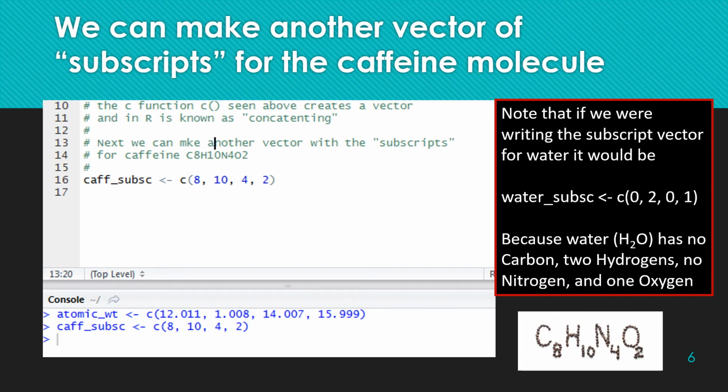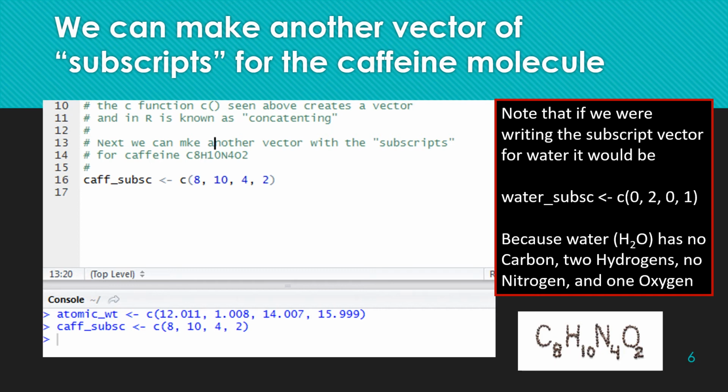I'm calling them subscripts here, those values for caffeine. So the previous vector was generic to just atoms, and now I'm doing a specific molecule telling me how much of each of those atoms I have in the molecule. So it's just another vector in terms of programming.